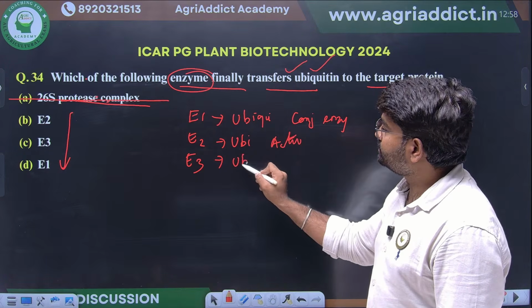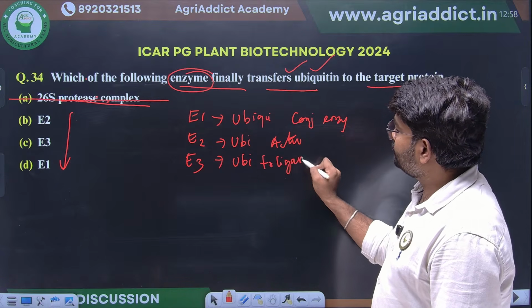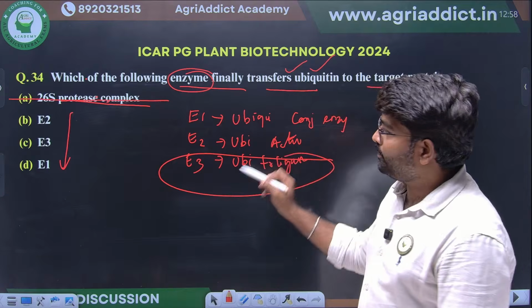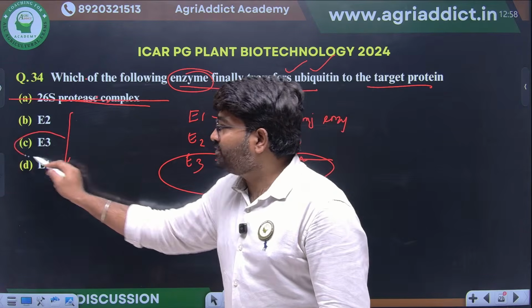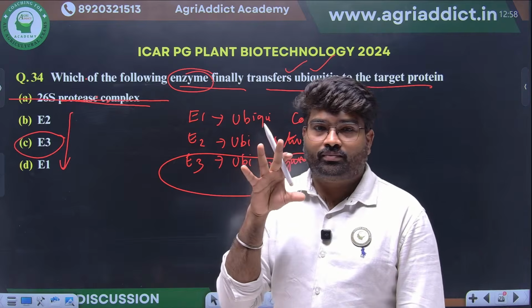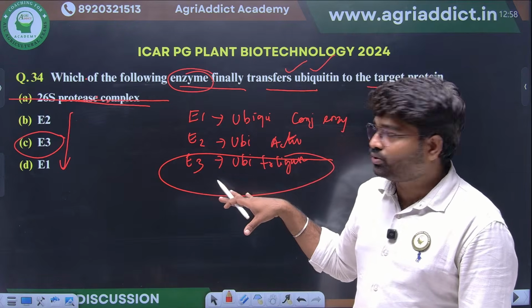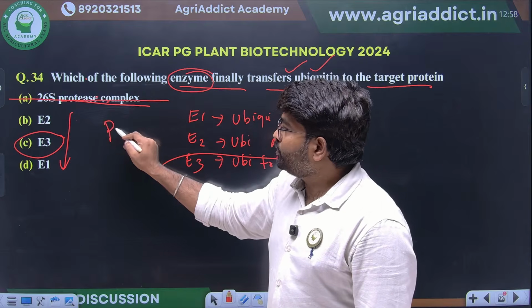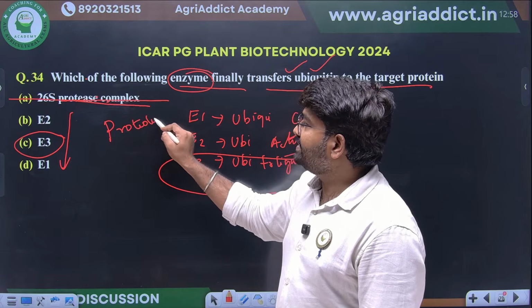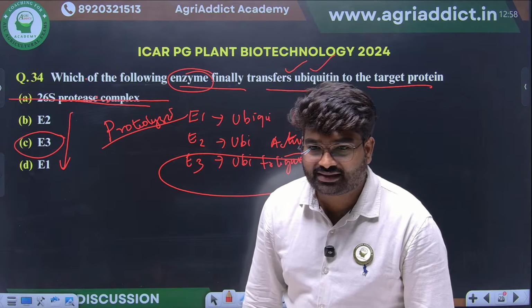Next, ubiquitin transferase or ligase enzyme. So the third enzyme is the primary enzyme that will transfer the ubiquitin to the target protein. This is a very important thing. You just go through proteolysis, how the proteins are degraded by the 26S mediated proteasome. Yes, E3 is the right option.